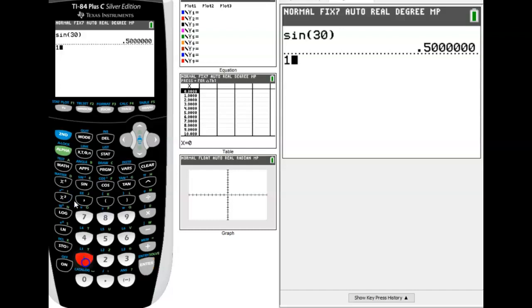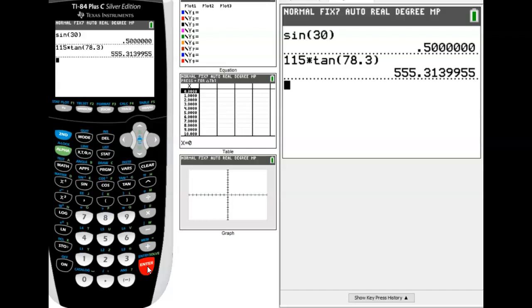So I'm going to enter 115 times the tangent of 78.3. We close parentheses, and then we press enter, and there we have our answer. And since I set the float to 7, you could see that we have 7 digits after the decimal point.